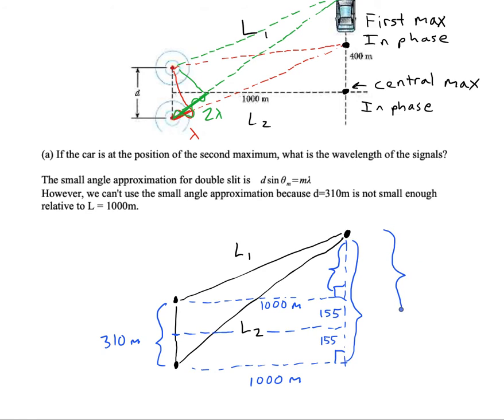This distance here is 400. Therefore, we'll have 555 from this point to that point. And we'll have 245 there.